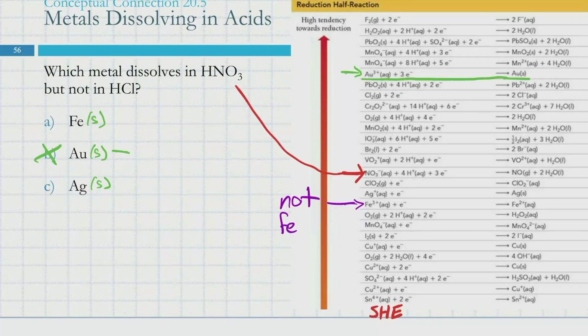So this is not Fe. It's a solid. That's actually below H2 on our table. The correct option here is silver. Silver shows up 2 lines below, and it's silver as a solid. So if we flip this half reaction, we'll have silver on the left going to silver ion on the right. That's the way that it dissolves. And it's below our nitric acid, so that will be spontaneous.